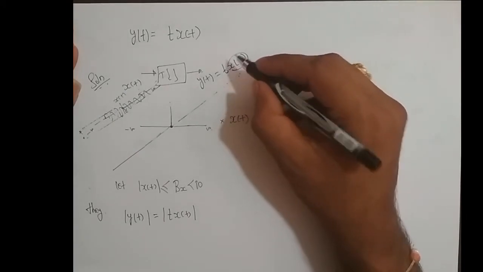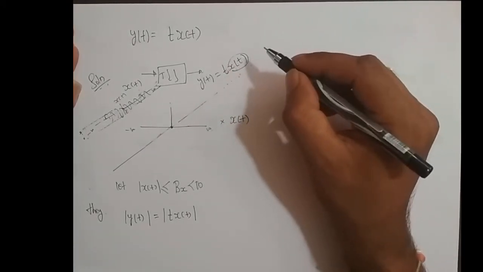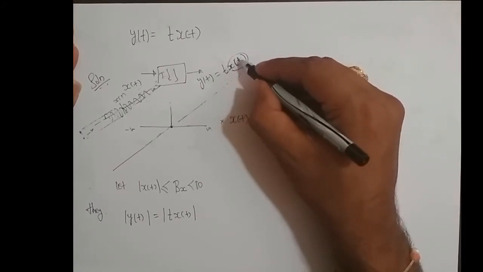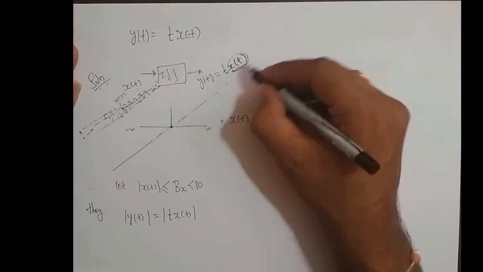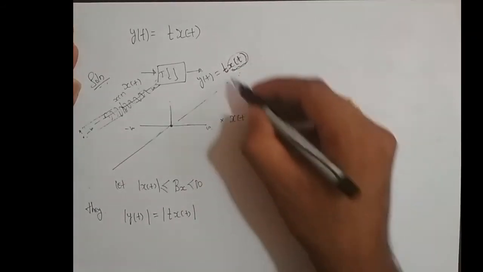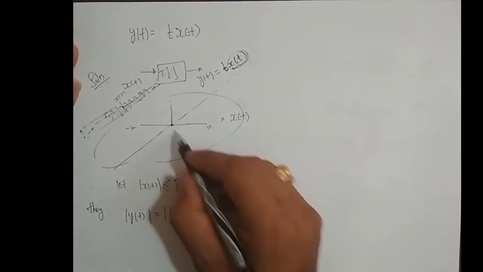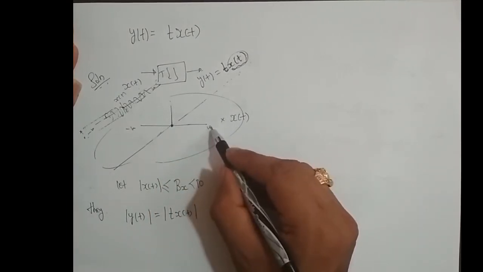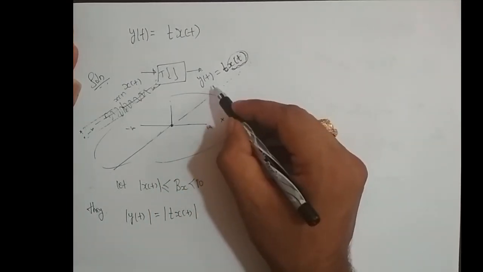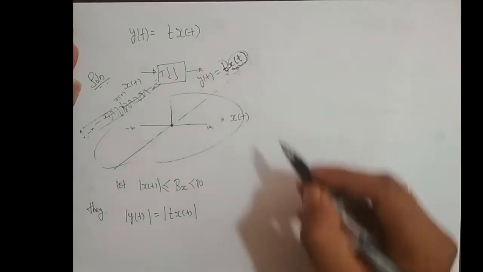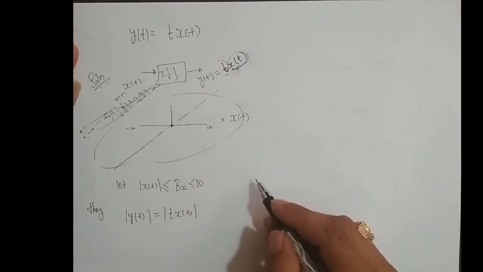So I'm expecting the output to be bounded if the system is stable, but here in this case, for the bounded input I applied, that input is getting multiplied with t, right? And what does this t signal look like? This is how it looks like. Now when t goes to infinity, what happens to its amplitude? Amplitude also goes to infinity, and this infinity times the finite signal is actually unbounded, no?